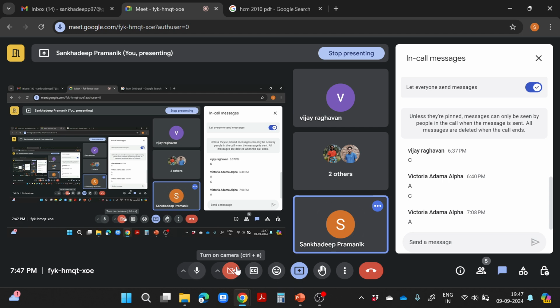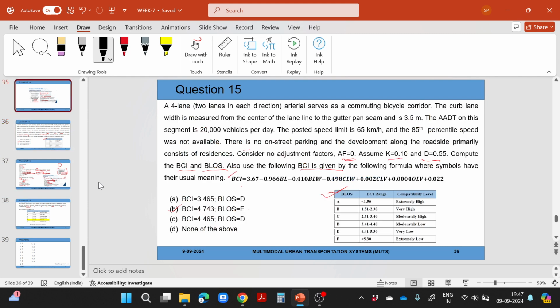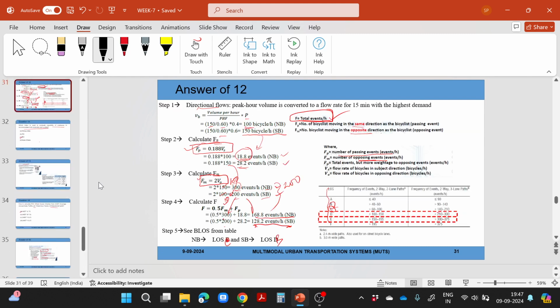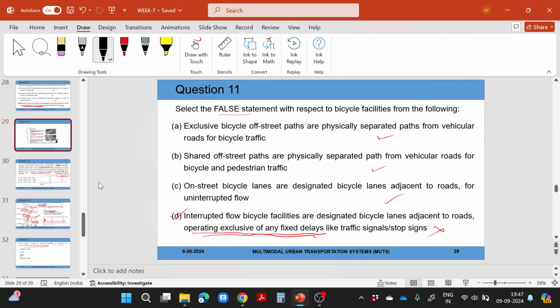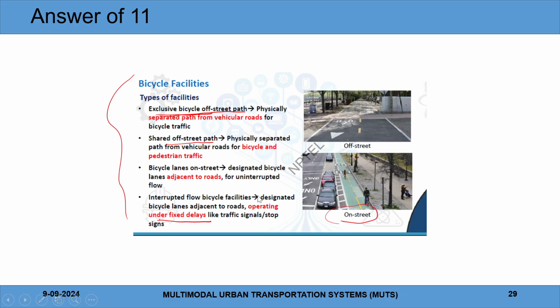We are discussing different types of bicycle facilities, some exclusively for bicycles. If the bicycle volume is very high, then we can provide this exclusive lane.